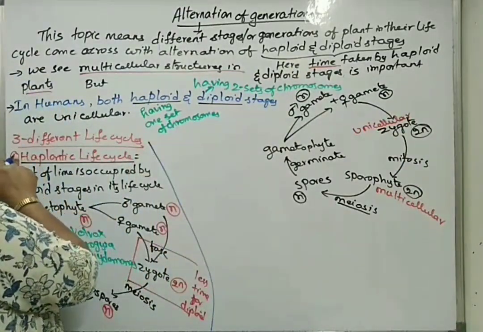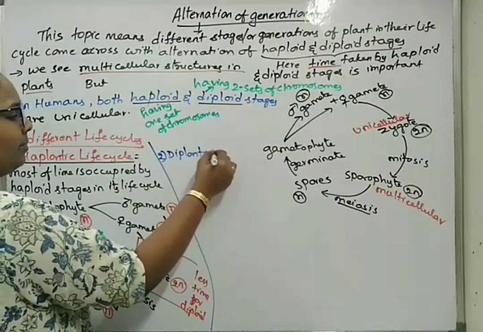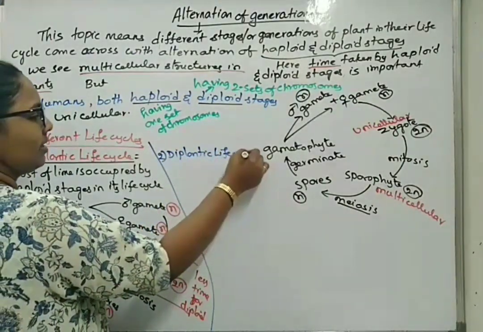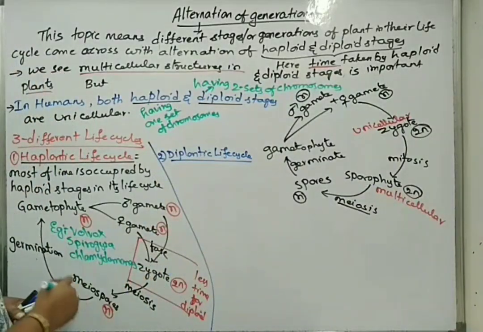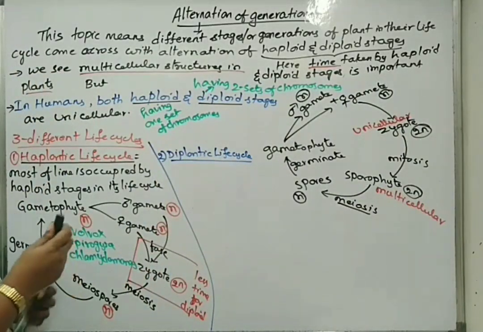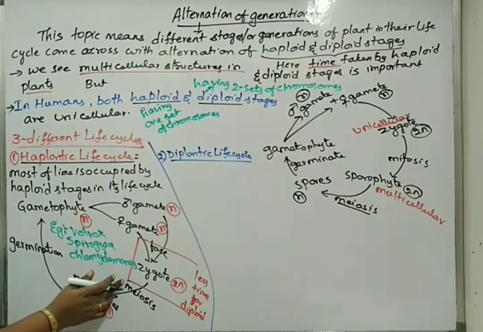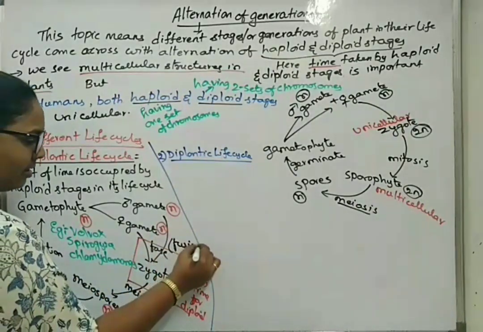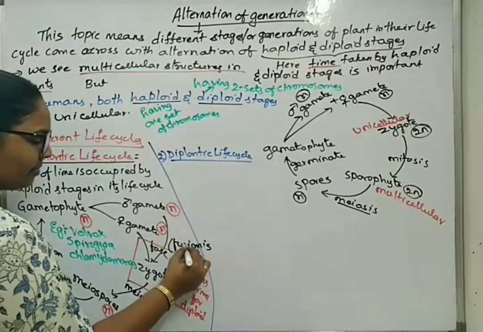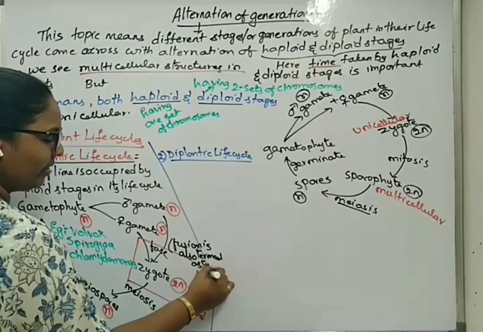Out of three, we have finished one. The second one is the diplontic life cycle. It means most of the stages in the total life cycle are occupied by diploid stages. The fusion of male and female gametes in plants is also termed syngamy.